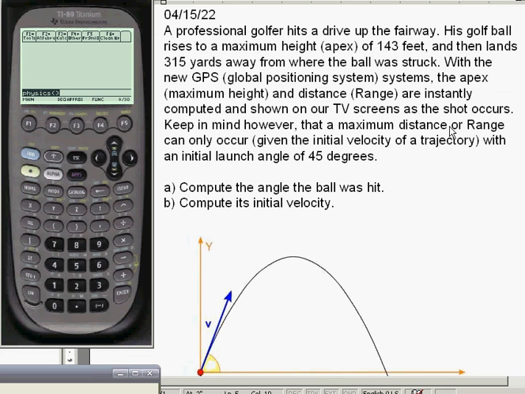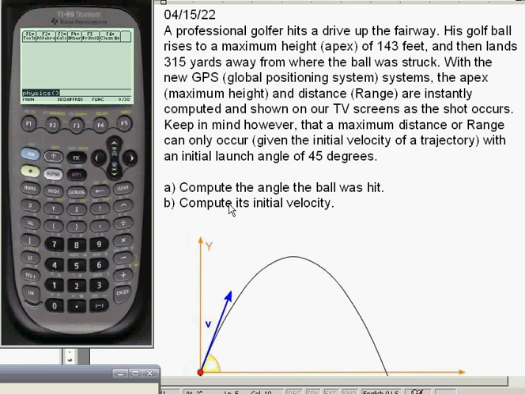Keep in mind, however, that a maximum distance or range can only occur given the initial velocity of a trajectory with an initial launch angle of 45 degrees. And they're asking us to compute the angle that the ball was hit at when the golfer hit the drive and compute its initial velocity.